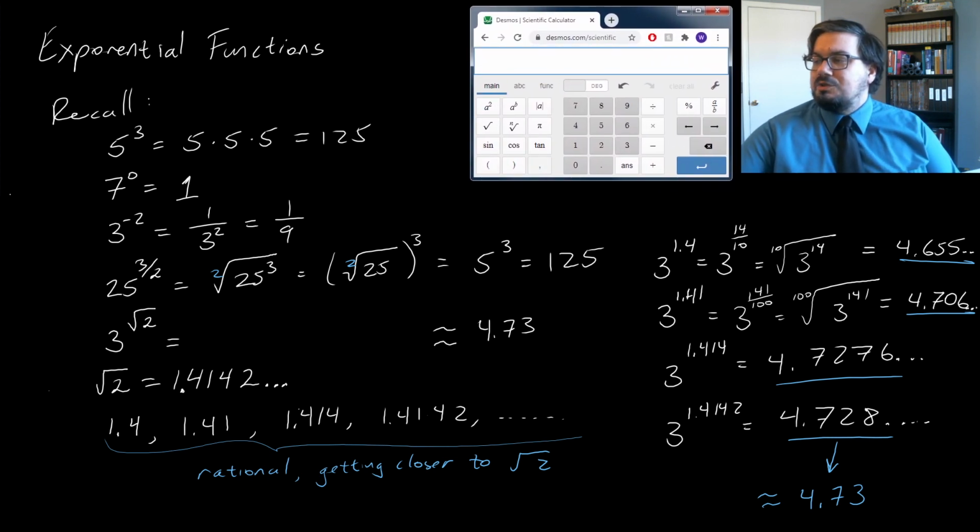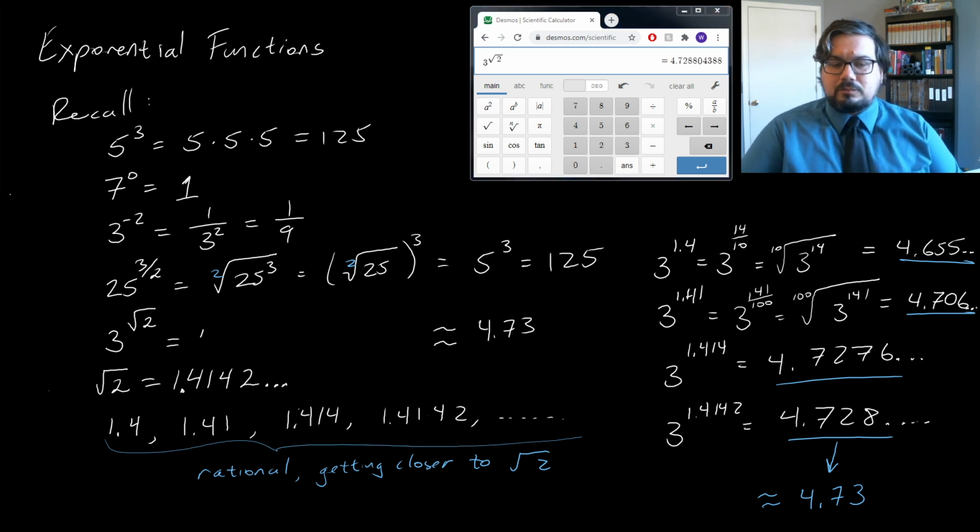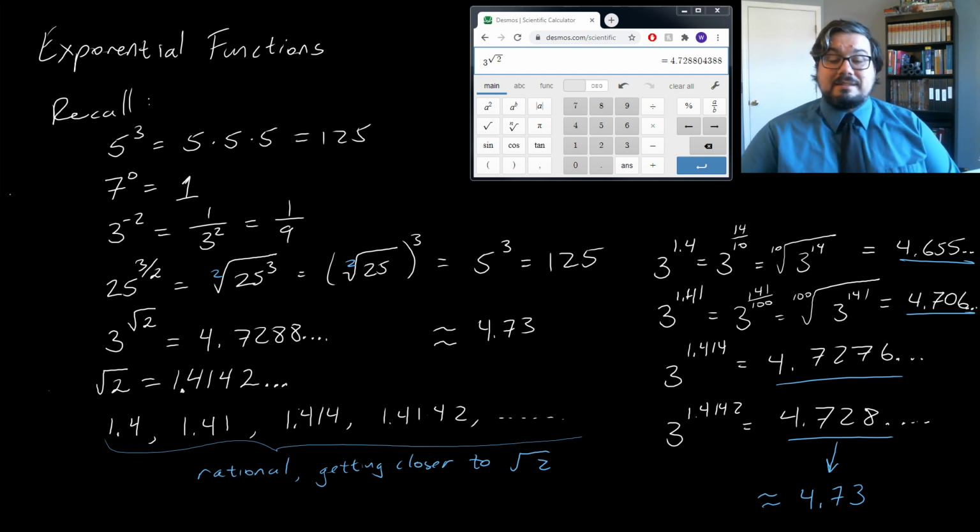Now, we can also use a calculator to do this, and the calculator will use a similar sort of approximation. So when we go into the calculator and we write 3 raised to the square root of 2, we get 4.7288..., which is in fact approximately equal to the 4.73 that we observed in our process.